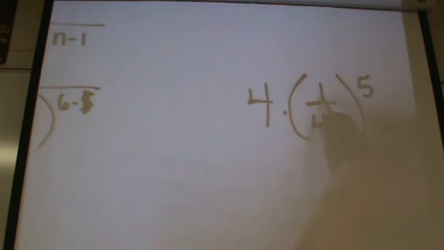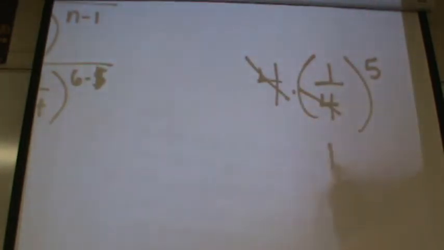So you're taking 1 and raising it to the 5th power and 4 to the 5th power. One of these 4s could cancel out, and this is really 1/4 to the 4th power, that's how you get 1/256. 1 to the 4th power is just 1.